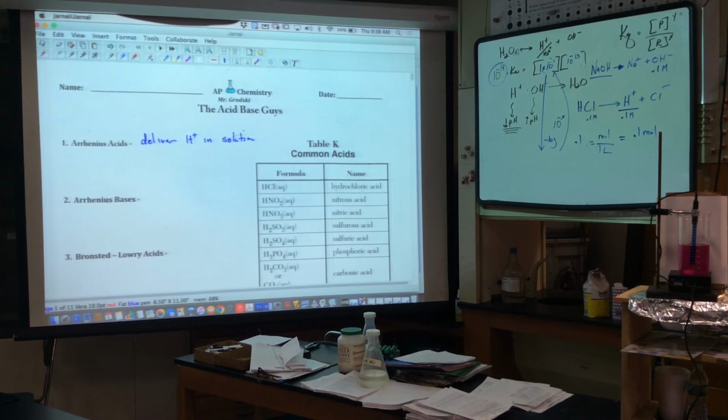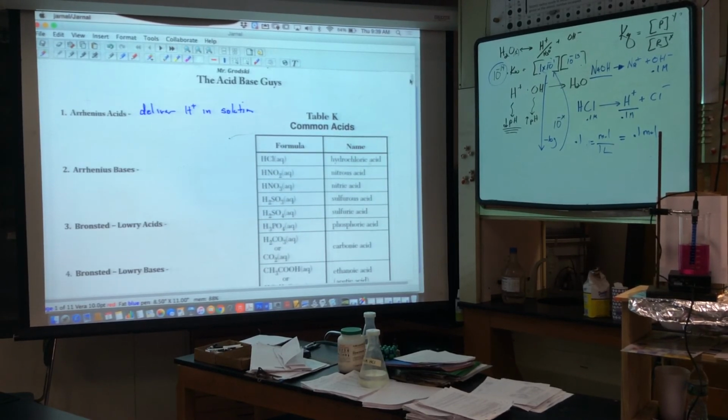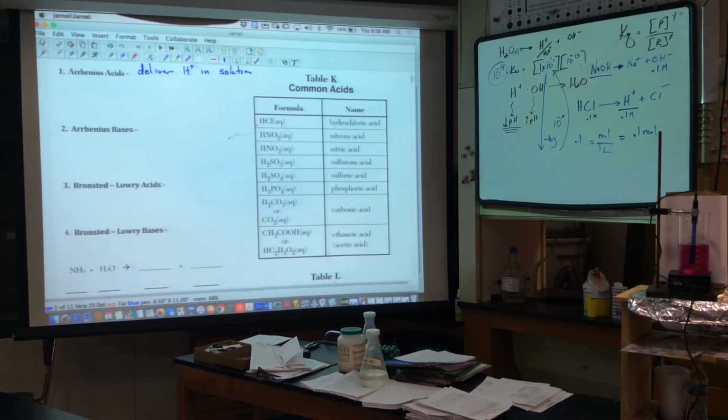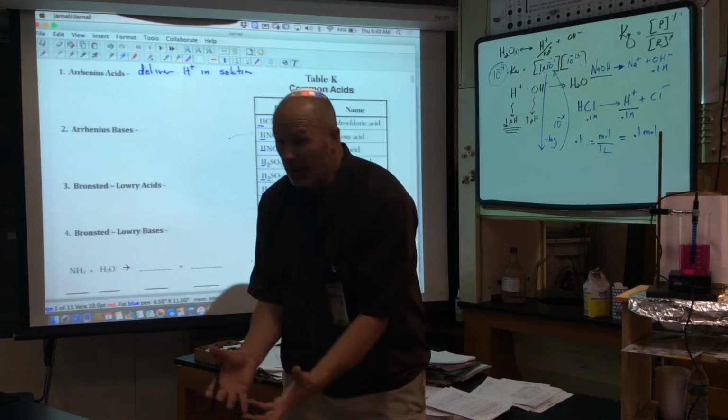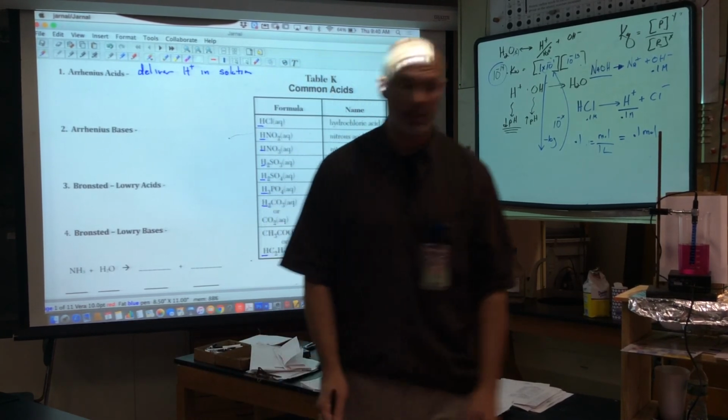And it's not the best definition because there are some acids that actually don't have any H's in them. Now, Table K, for those new to this, is a table they give you on the Regents. Notice something: if it's an acid, they scream and tell you it's an acid, putting the H in front. That's what comes off. So all of these guys that I'm putting a line under are Arrhenius acids because they deliver H pluses. If you deliver H pluses in solution, you must have an H plus that comes off. That's essentially what an Arrhenius acid is.